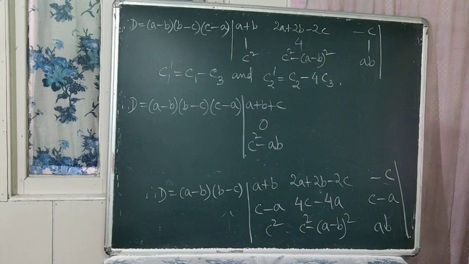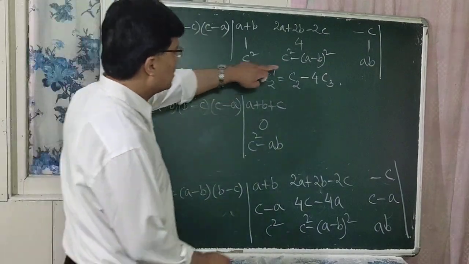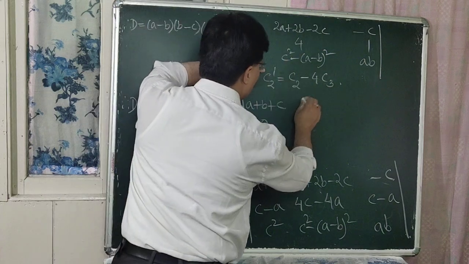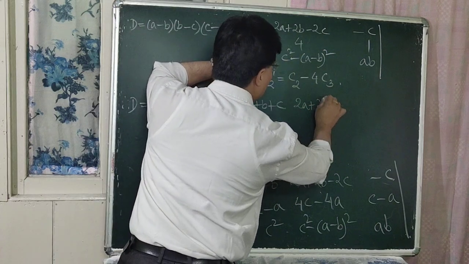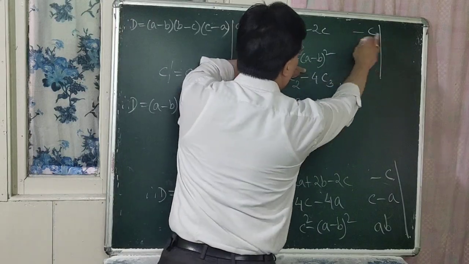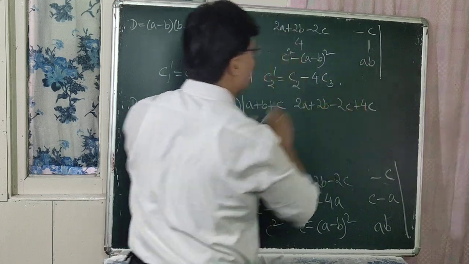So in this case, how does it change? C2 dash means new column 2. C2 means this one: 2a plus 2b minus 2c. Minus 4 into minus c is plus 4c.